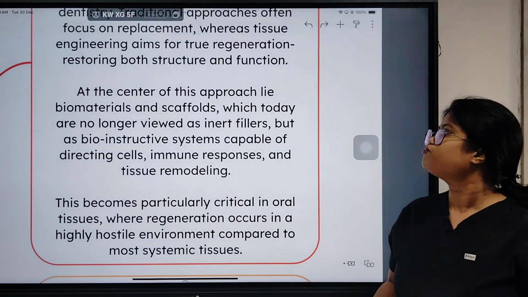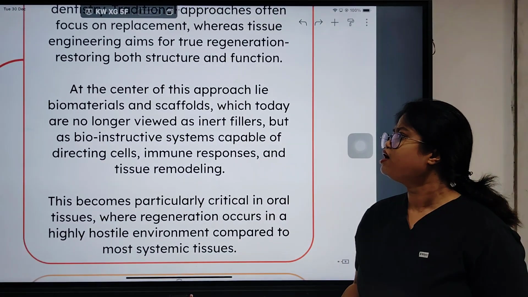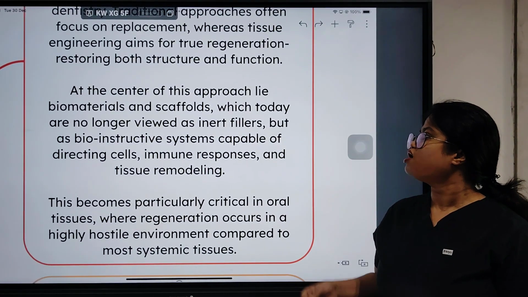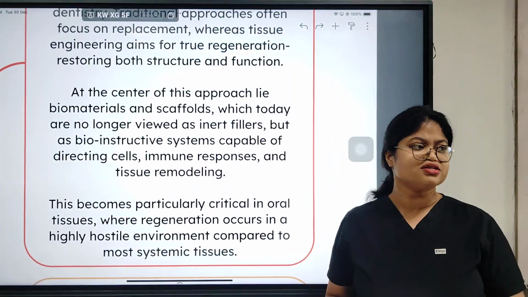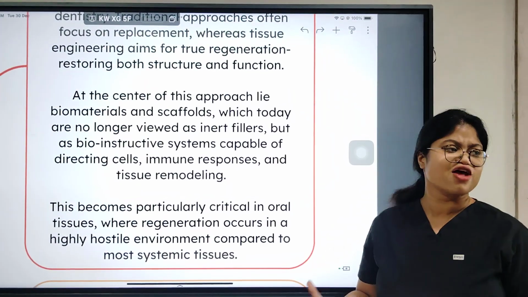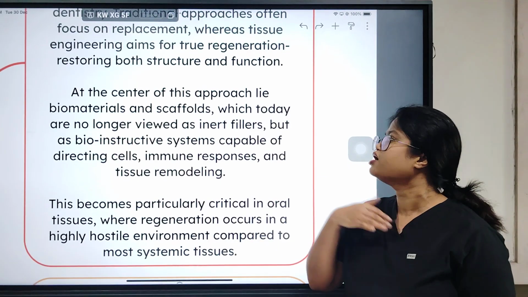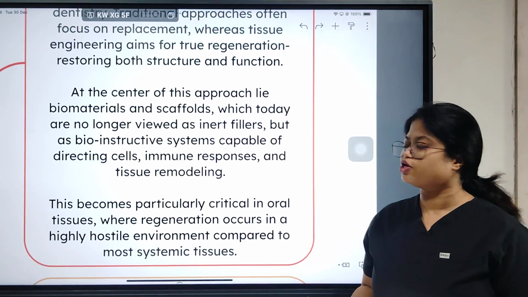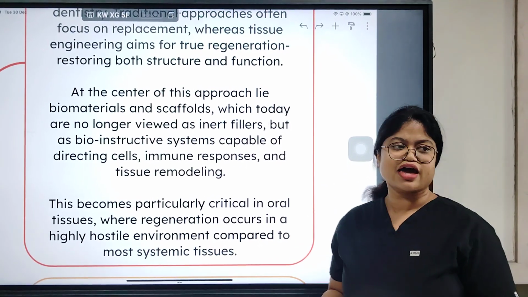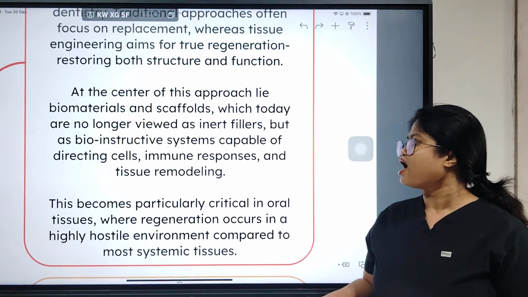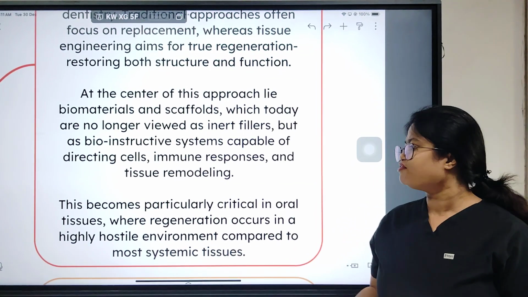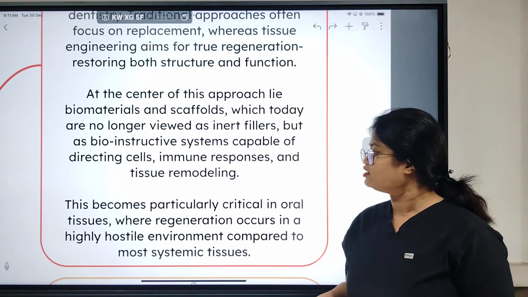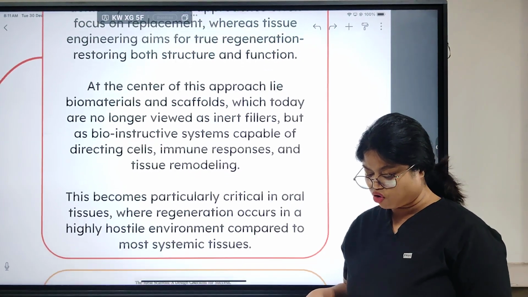So at the center of this approach of tissue engineering, biomaterials and scaffolds lie at the center, which today are no longer viewed as inert fillers. There has been a transition from the traditional definition to bio-instructive systems that are capable of directing the cells, activating the immune responses, and activating tissue remodeling to get regeneration at a whole level.